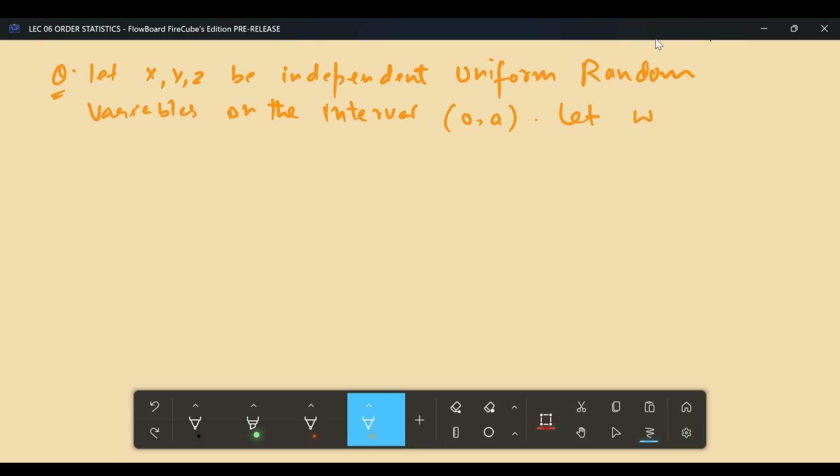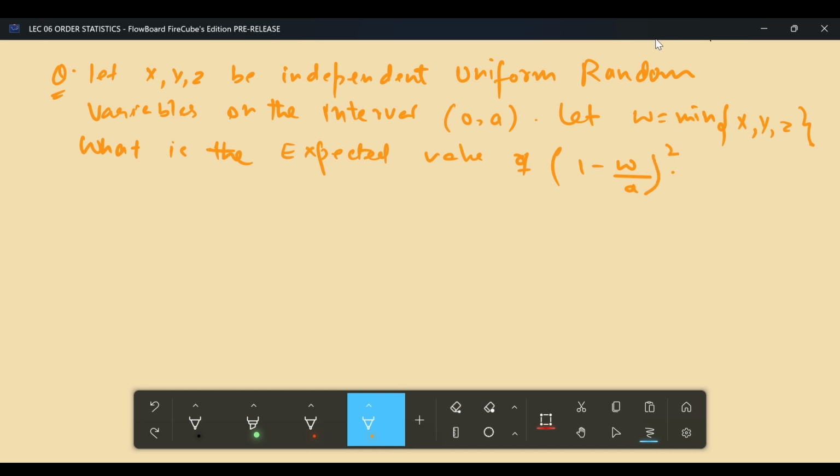Let W be equal to the minimum of X, Y, Z. Then what is the expected value of (1 minus W by a) squared?